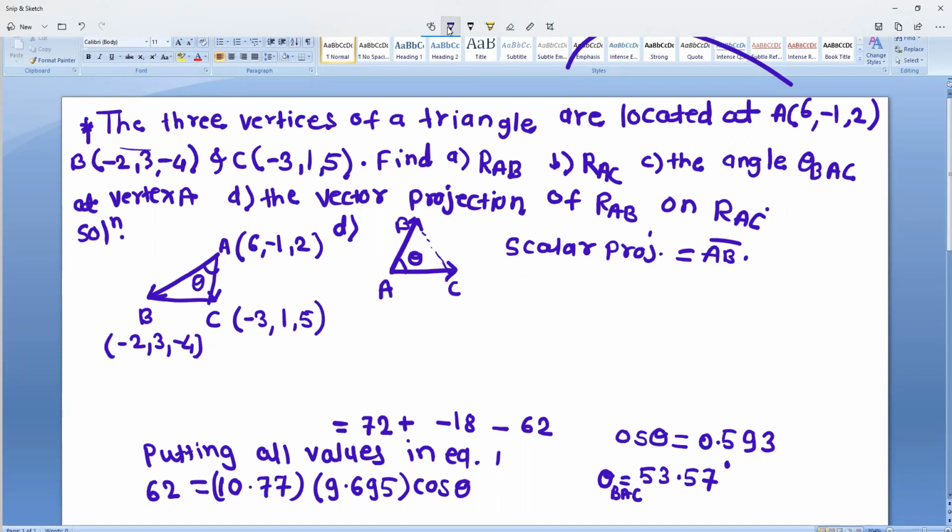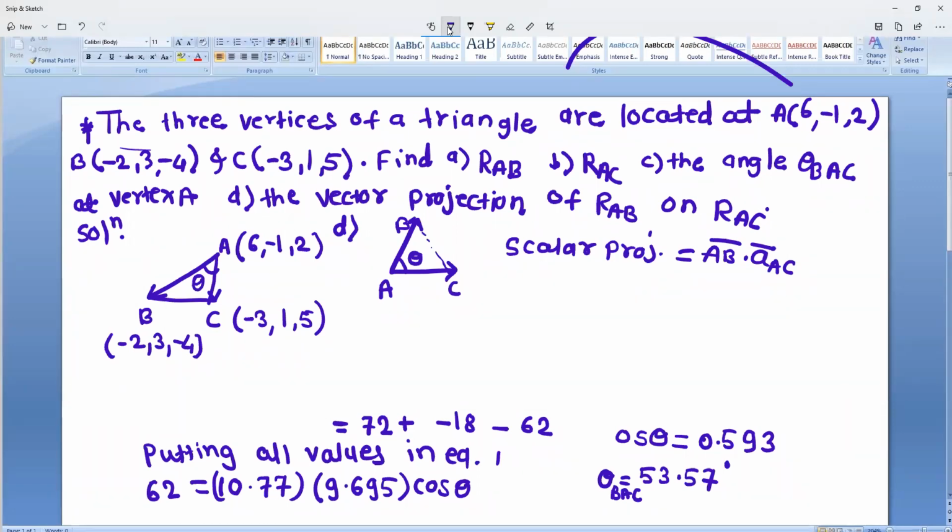We are projecting vector AB bar on vector AC bar. The unit vector of vector AC bar is denoted by a bar AC. So this is the formula for scalar projection.